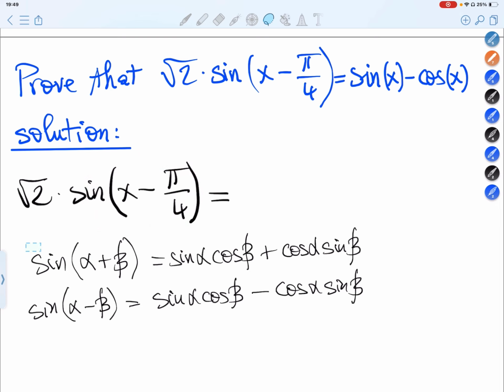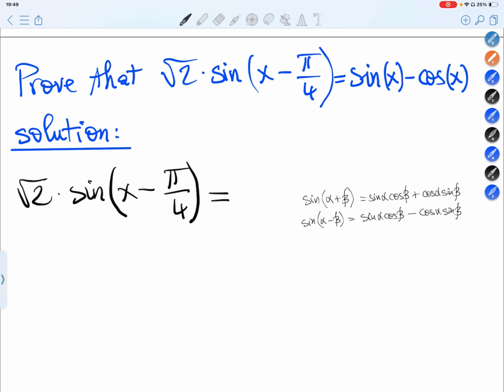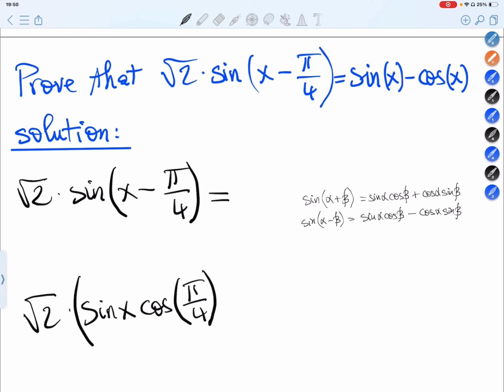So this, let me put it aside. If we use the second formula, our root 2 remains the same, and then we're going to have sine of x cos of pi over 4 minus cos of x sine of pi over 4.